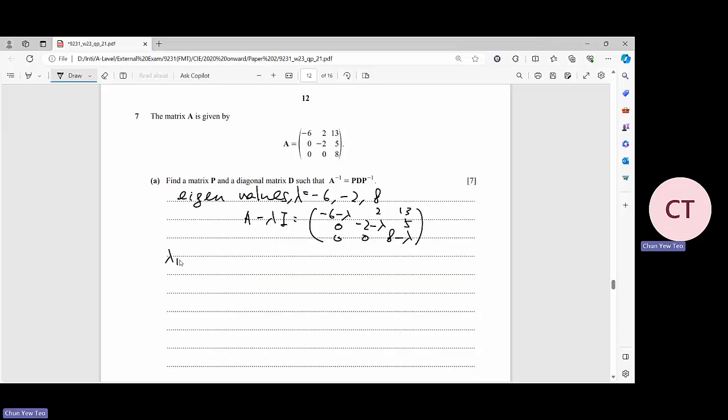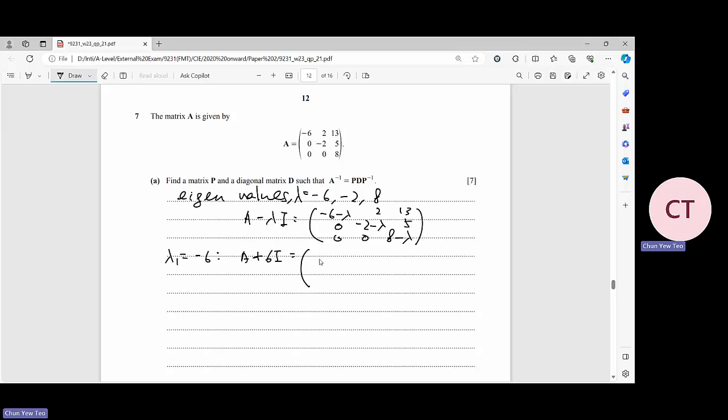So when lambda 1 equals -6, then A minus lambda I will become, or maybe you can say -6i, minus -6, minus -6, it will become plus 6.